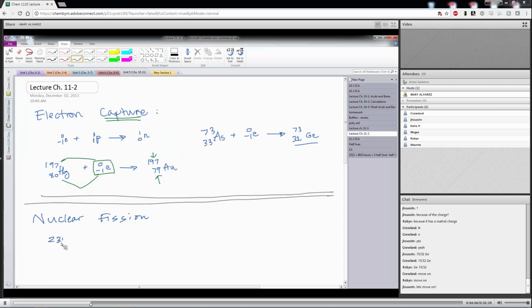Uranium-235 can decay by nuclear fission if we bombard it with a neutron. Basically, we take this thing that's prone to falling apart anyways, and we shoot it with a little bullet, and it goes, oh, I'm falling apart. Yep, sure am. And sometimes when we do this, we'll get the following products.